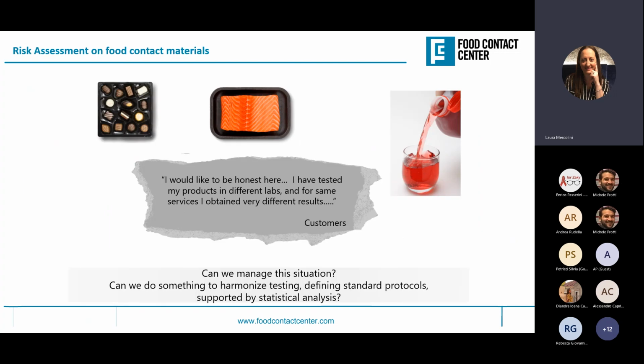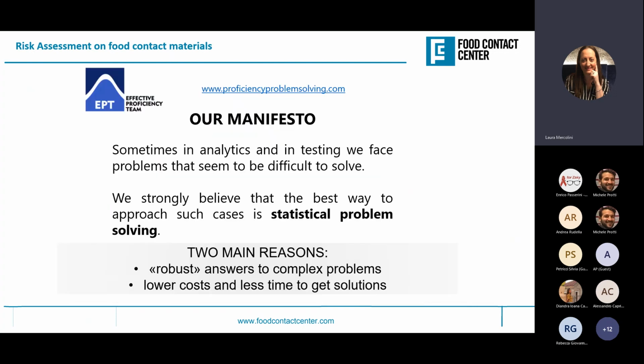Last slide, just to show one of our initiatives. The classical situation that I think everyone must face is when the customer says, I gave the same item to different labs, but I receive very different results. This is a classical situation in the labs.